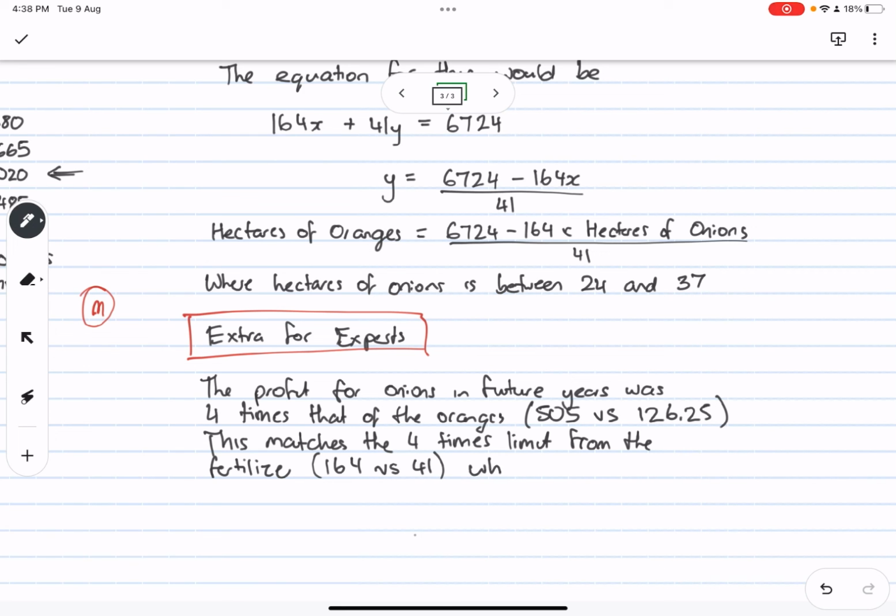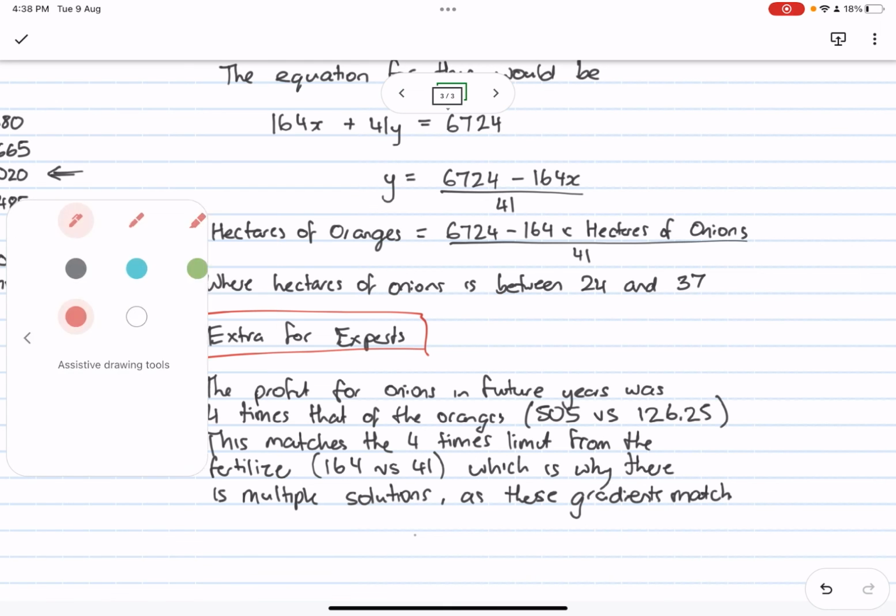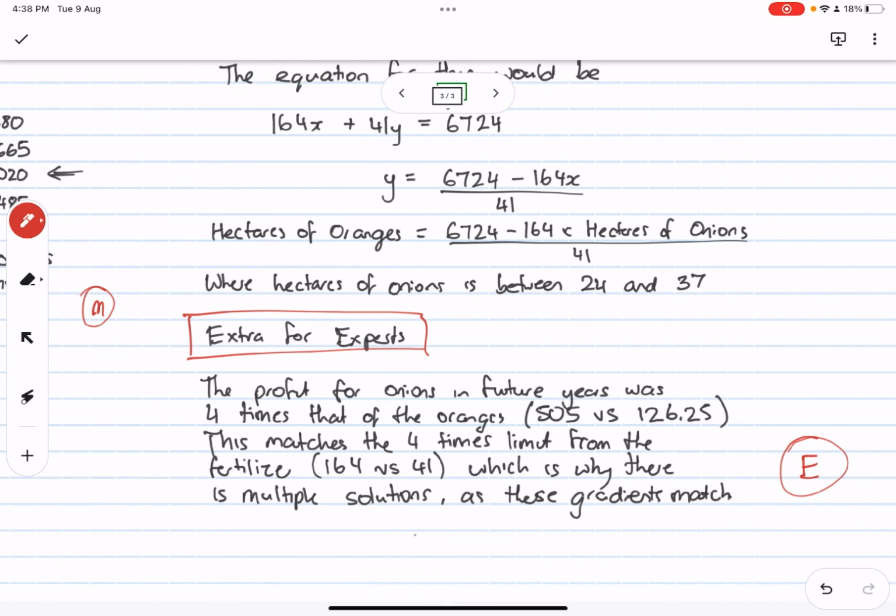Which is why there are multiple solutions, as these gradients match. If you think back to our last lesson where we were sliding those lines down, because the gradient of that profit line matches the gradient of that fertilizer equation, that means there are multiple solutions. And if you get that far and do a good job of that, that is an excellence.